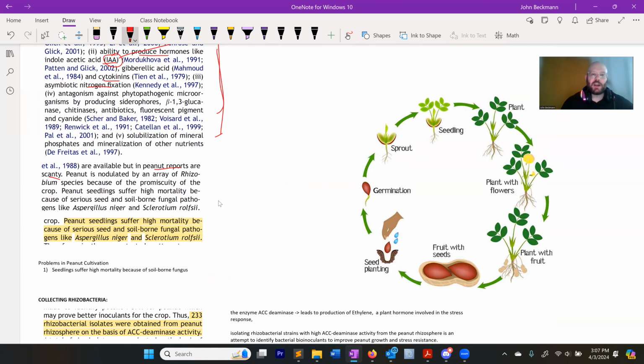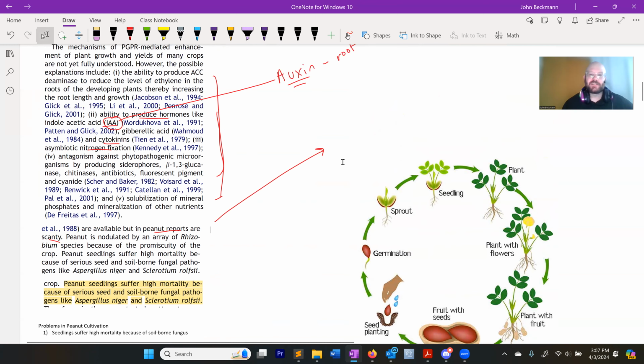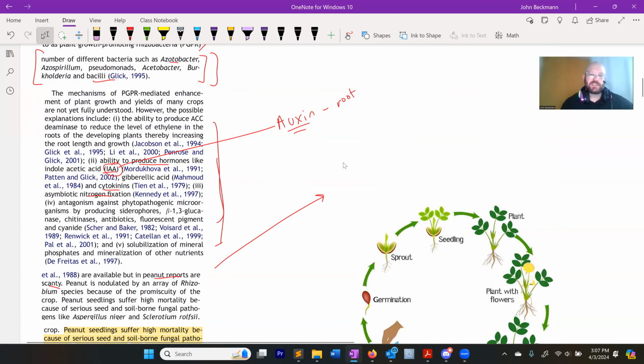So it's probably worth talking about that PGPRs, ones that actually work, are often specific to the type of plant. Okay, so for example, a PGPR that works really well on corn might not work really well on peanut, or a PGPR that works on cotton might not work on peanut, etc.